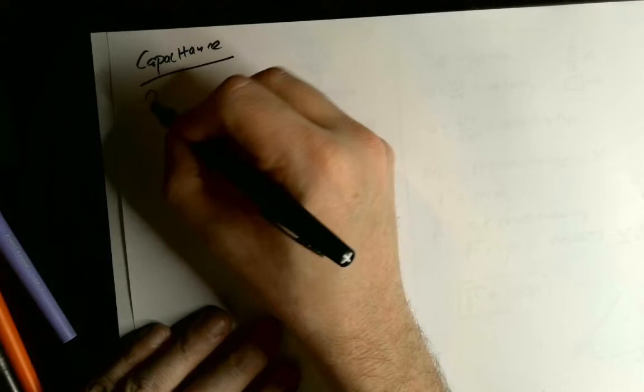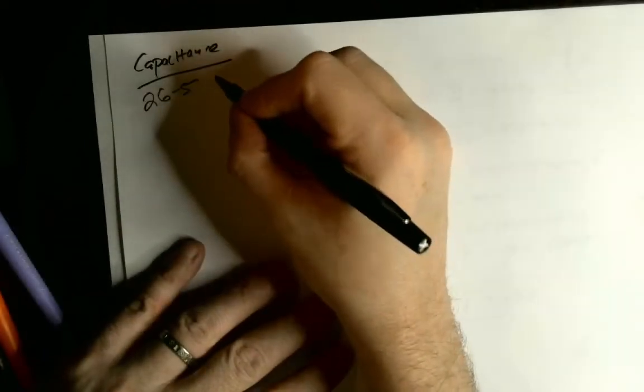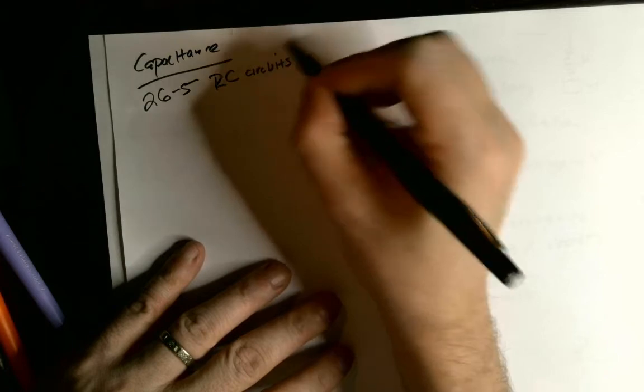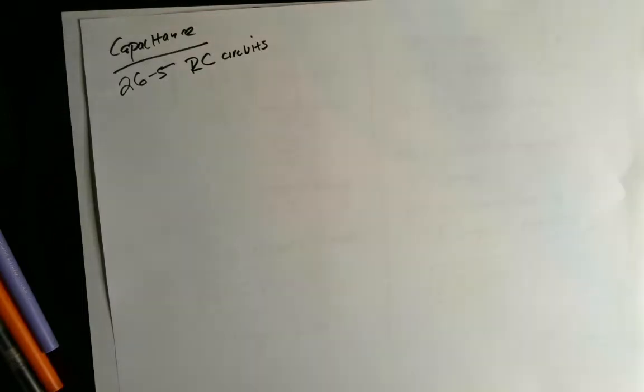There's a section 26-5 on what's called RC circuits. And we skipped it because we hadn't talked about circuits enough yet, and it seemed premature to talk about circuits with changing current when we were just barely getting Kirchhoff's rules under our belt.